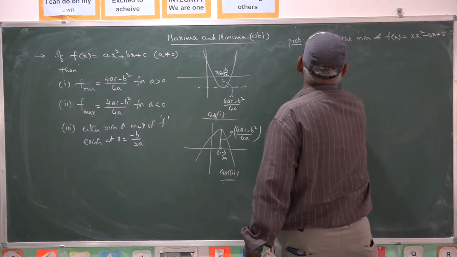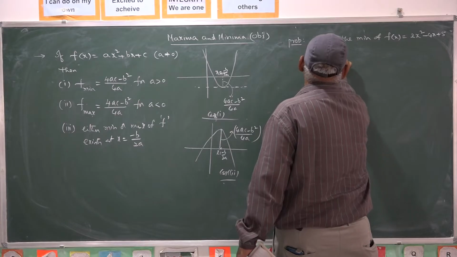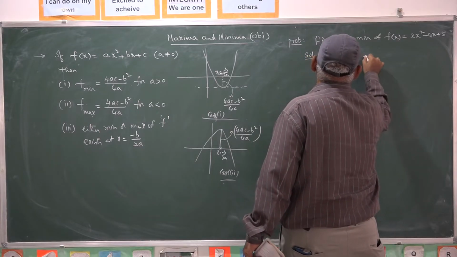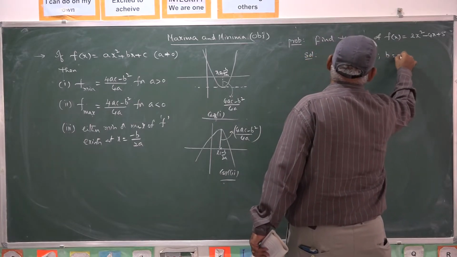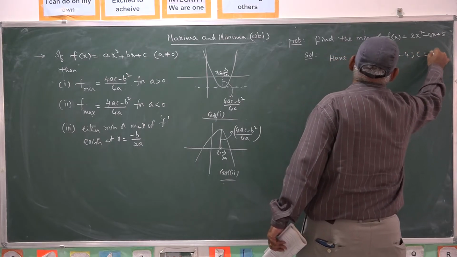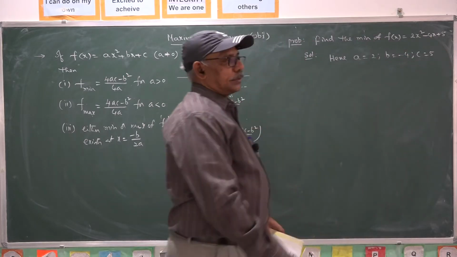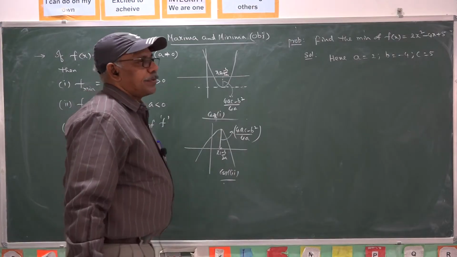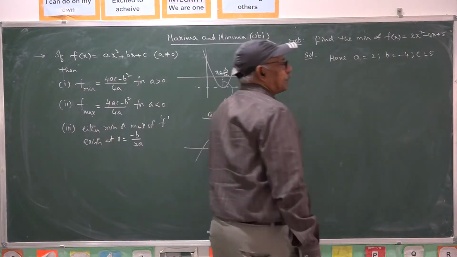So, here a is 2, b is minus 4, c is 5. Whenever comparing with standard form, a takes the value 2, b equal to minus 4, c equal to 5.